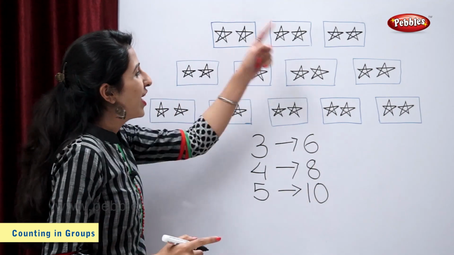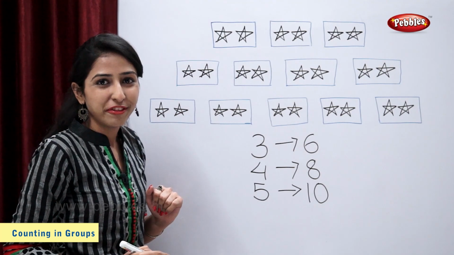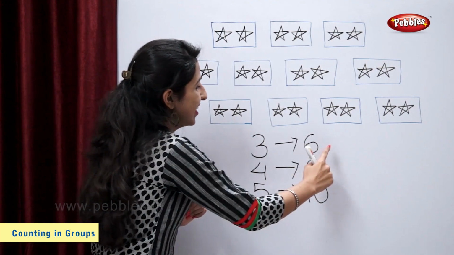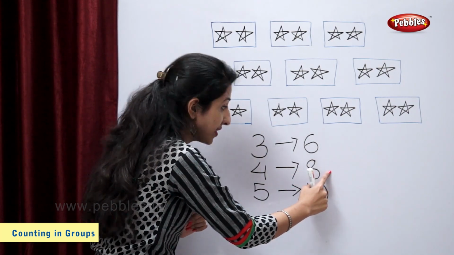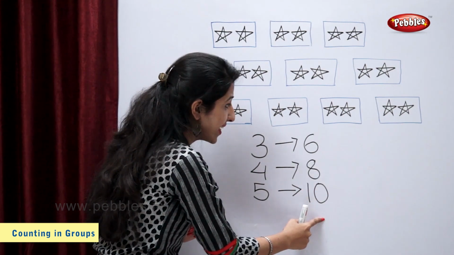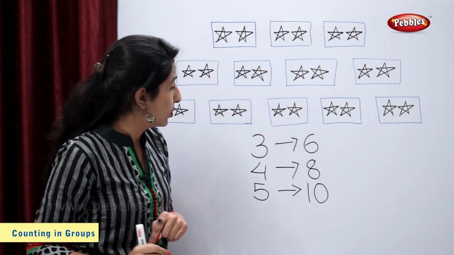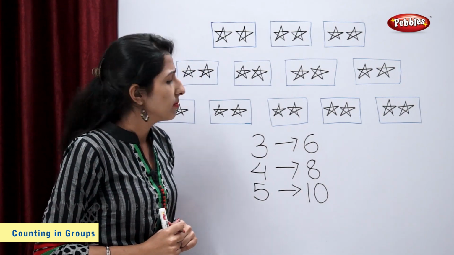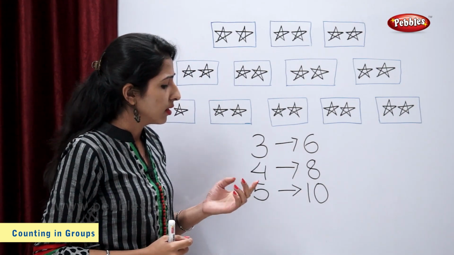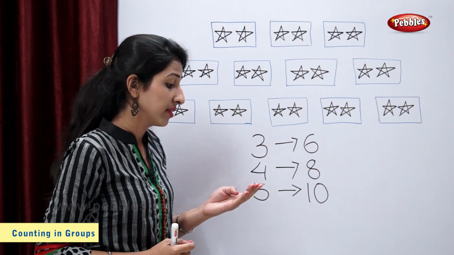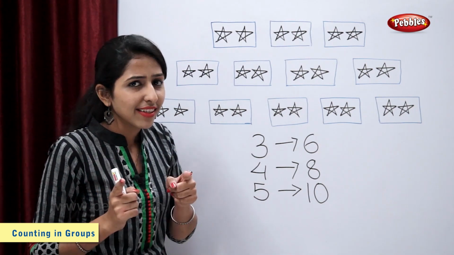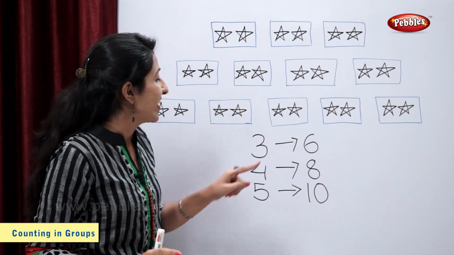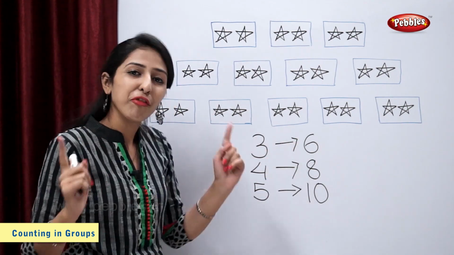Let us count total number of stars. 6 plus 8 plus 10. You help me, students. How much is 6 plus 8? Correct. 6 plus 8 is 14.